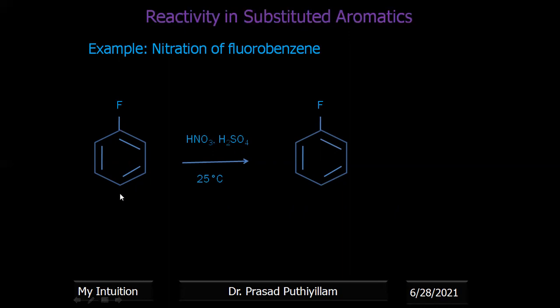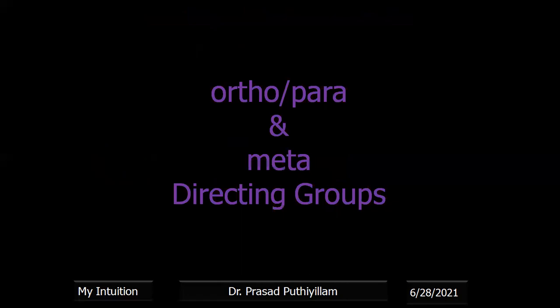And the para position is activated due to resonance stabilization. Therefore we can expect the NO2 group to be attached at the para position. So nitration of fluorobenzene usually gives para-nitrofluorobenzene.